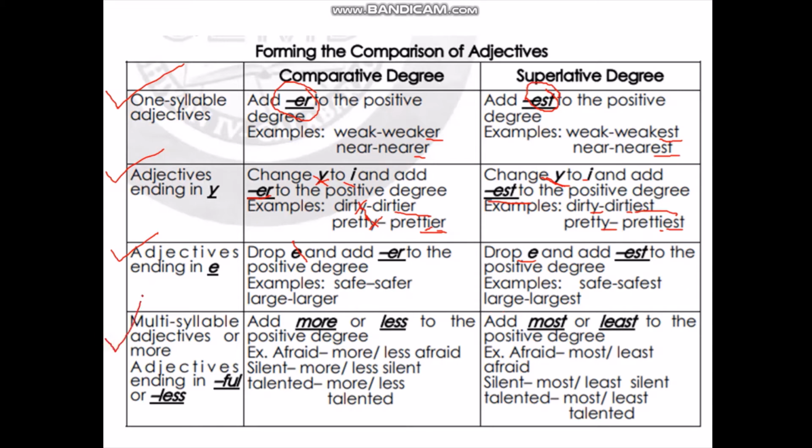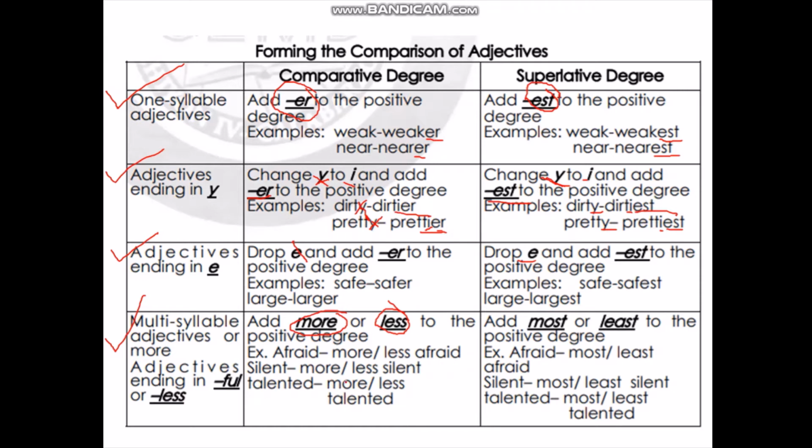So now let's have the last one, the multi-syllable adjectives or adjectives ending in ful or less. We need to add the word more or less to the positive degree. Example, afraid, more or less afraid. For silent, we add more or less silent.